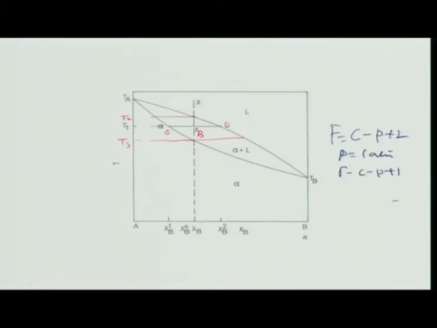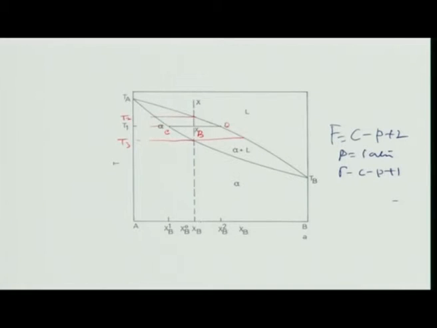Now the lever rule says very simply that the volume fraction of alpha will be given by XD divided by the total lever CD. We can always use CD as a lever and XB as the fulcrum of the lever.